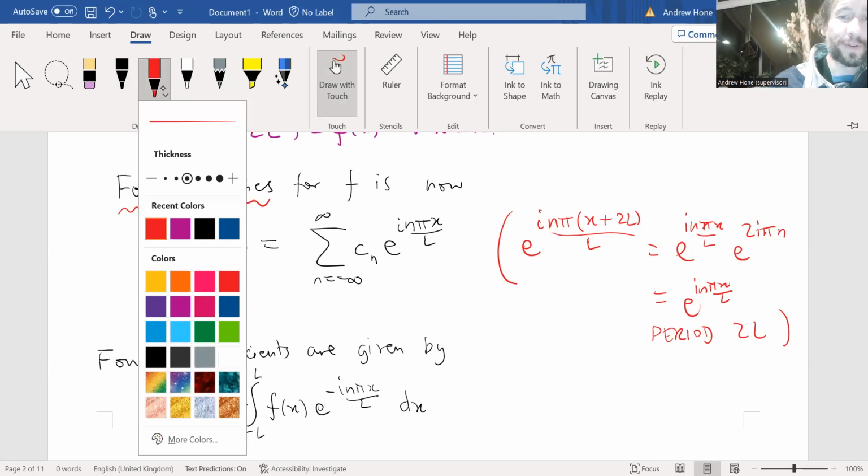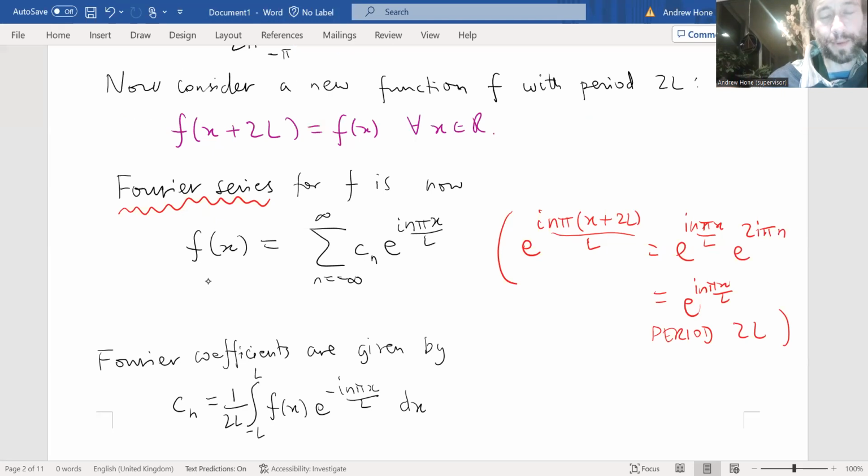Okay, so I've sort of used red already, so I think I should use a different color, maybe some kind of pink color, maybe this. Okay, so I'm just going to put a constant. I'm going to call it alpha, and there's no particular reason. So what I've done in the top formula is I've replaced Cn by alpha Cn. So everywhere that Cn appeared before, it's really become alpha Cn.